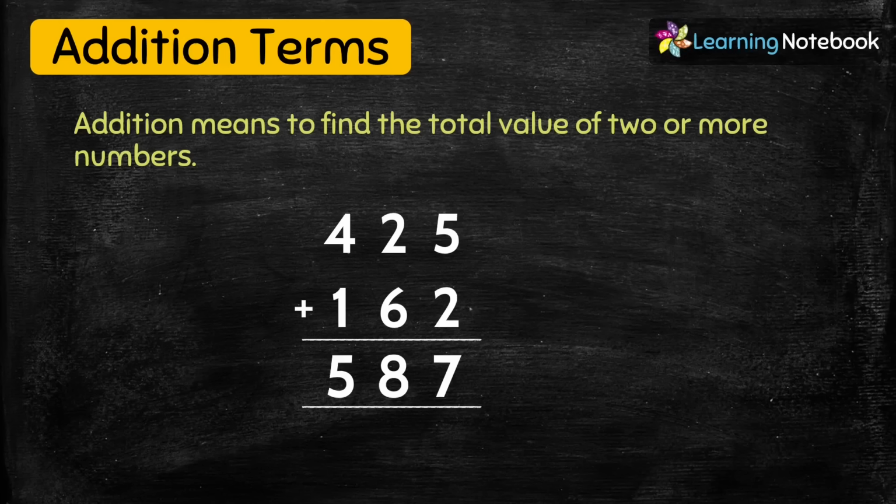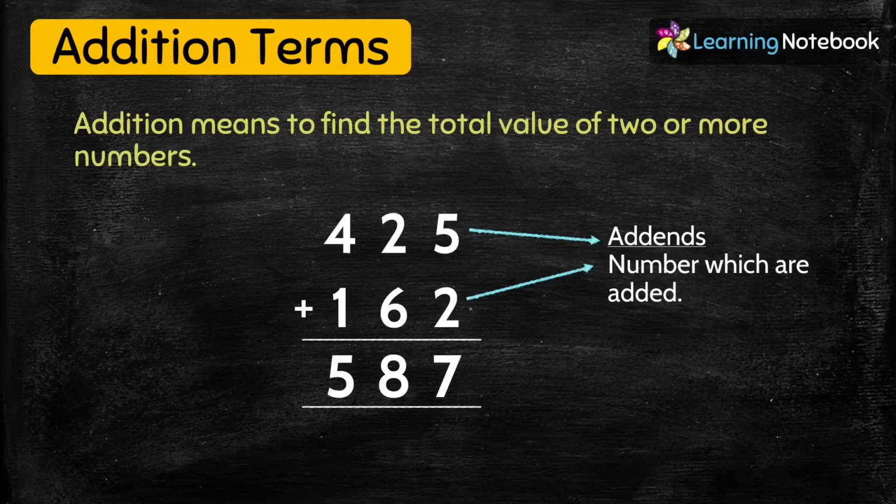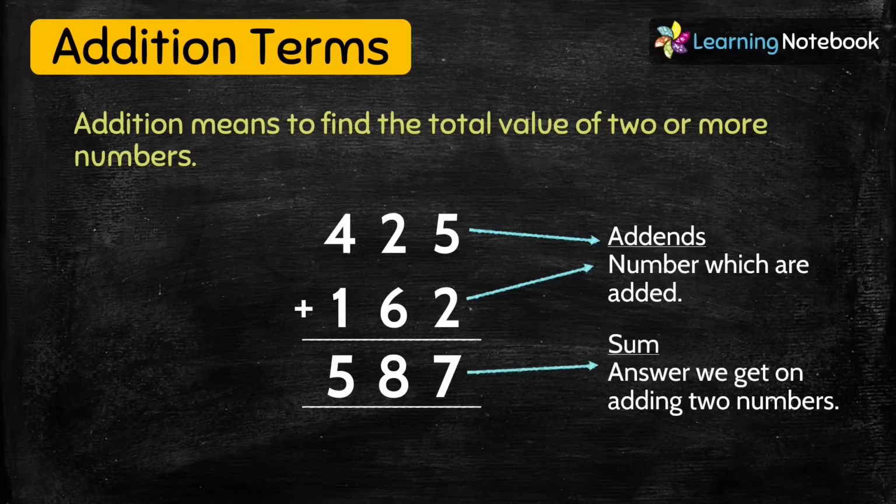These two numbers which are being added, they are called as addends. And the answer that we get on adding these two numbers, that answer is called the sum. So here 587, which is the answer we got on adding these addends, is the sum.